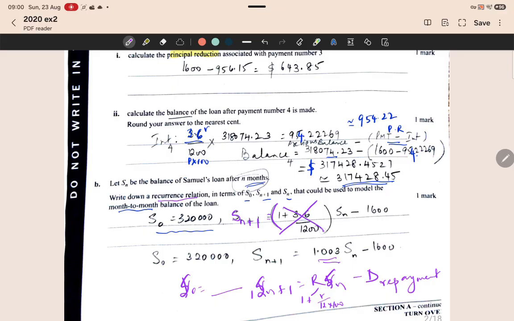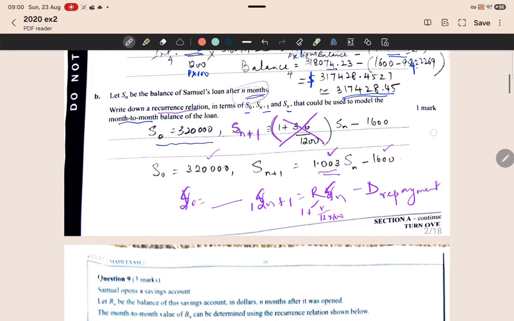Please don't write it like this. That's okay when you calculate, but your answer to get the mark for is that one, and you've got to replace in these 3 places. 1,600 has been given to you anyway as your regular repayments.